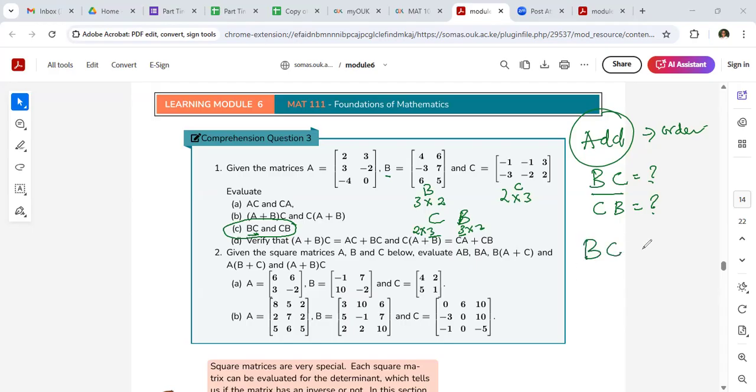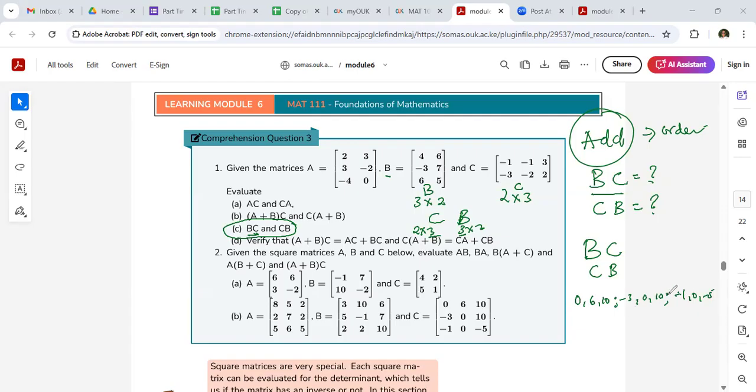You'll give us the entries of BC, and give us the entries of CB. And I want you to type the matrix as follows in the chat. If, for example, you want to type a matrix C in the chat, you just write it like this: 6, 10, put a semicolon, -3, 0, 10, put a semicolon, and then -1, 0, -5.